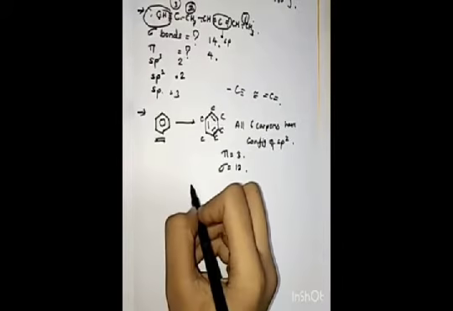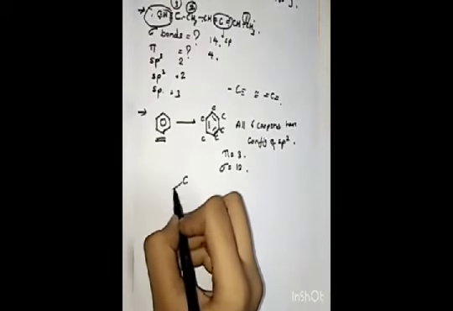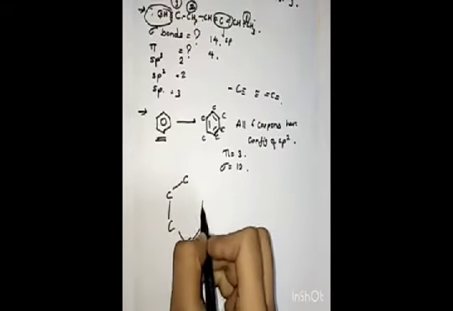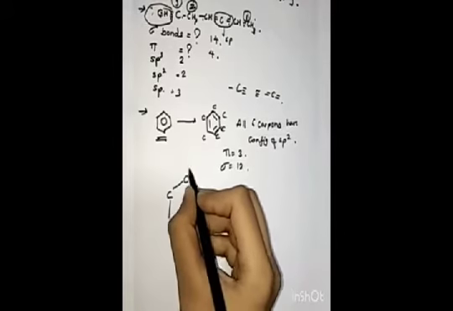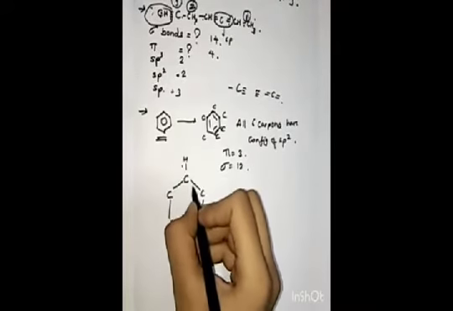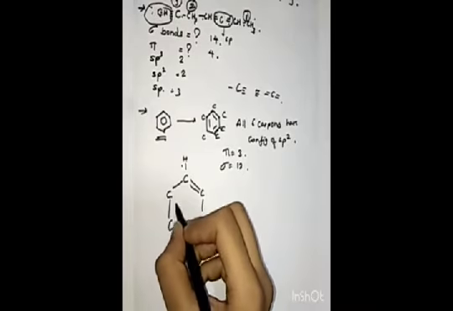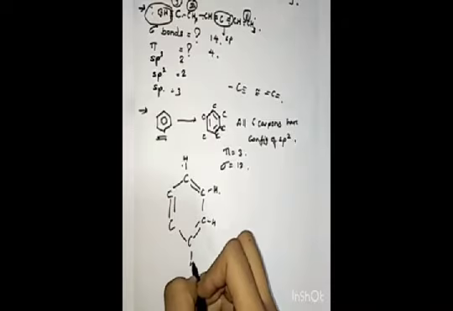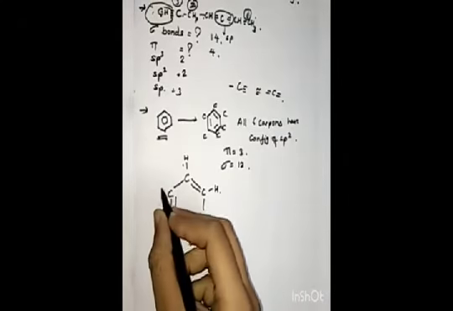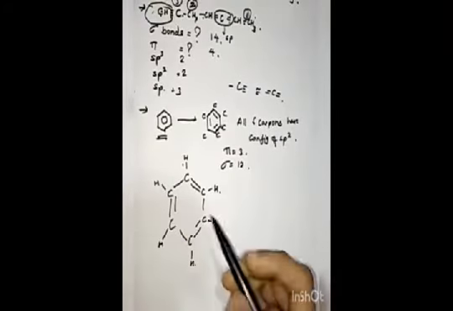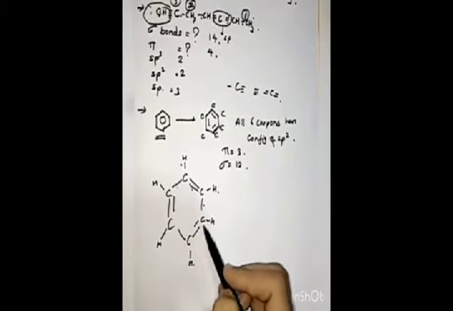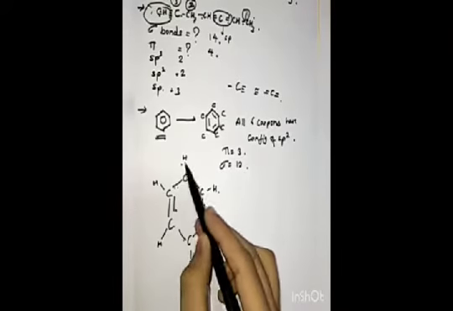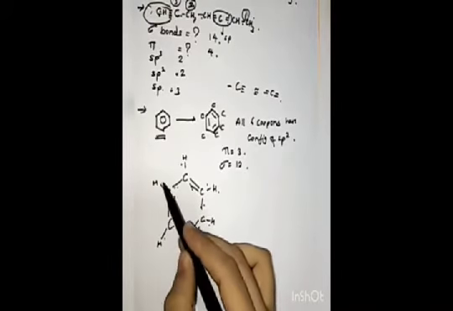How 12? If we expand the structure, add H to every carbon, you will see that 1, 2, 3, 4, 5, 6, 7, 8, 9, 10, 11 and 12.